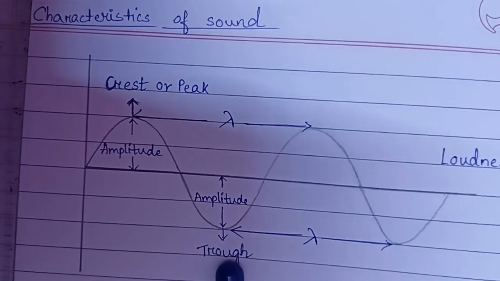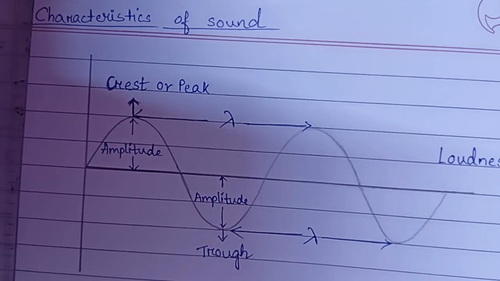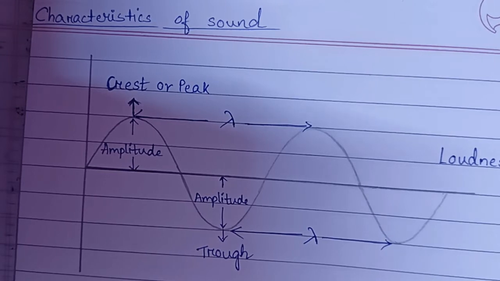So now, what is the amplitude? Amplitude is the distance from the mean position to the peak. Mean position means equilibrium position or still position, when the wave is at rest.